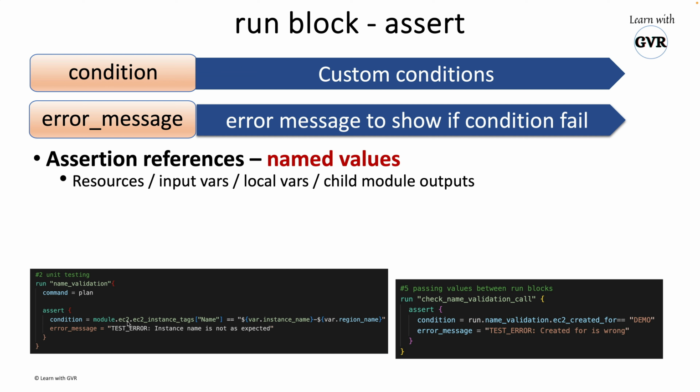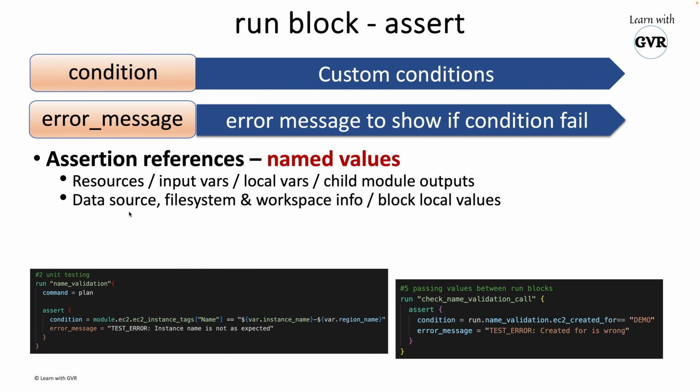So if this EC2 module has any child module, you can still directly refer to it, as well as data sources, file system, workspace information, and block local values. These are all called dynamic expressions using named values. This you can also refer to here. So there is a lot of flexibility here.